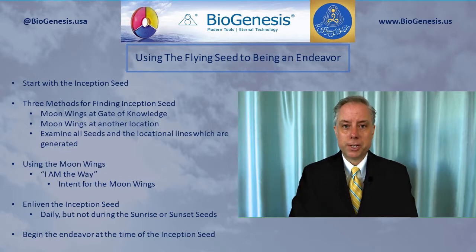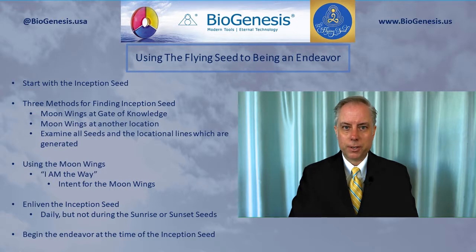So the next time the daily seed happens to match your inception seed for the project, let's say that your inception seed is seed number 20. So the next time that seed 20 is the active seed for the daily seed, that window of time is when you should begin your project. That should be the inception of your project. With our example of starting a business, you would incorporate the business at that time. You would file the paperwork.